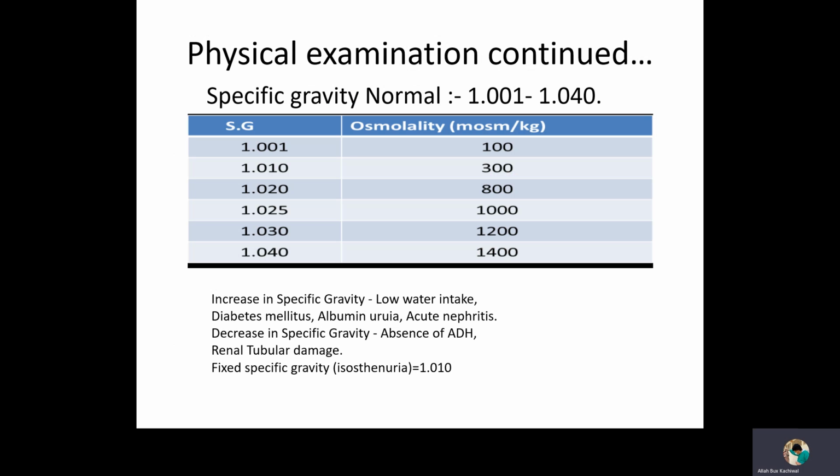A specific gravity from 1.001 to 1.040 is normal. Specific gravity 1.001 corresponds to an osmolarity of 100, 1.010 to an osmolarity of 300, 1.020 to 800, 1.025 to 1000, 1.030 to 1200, whereas 1.040 corresponds to 1400 osmolarity.